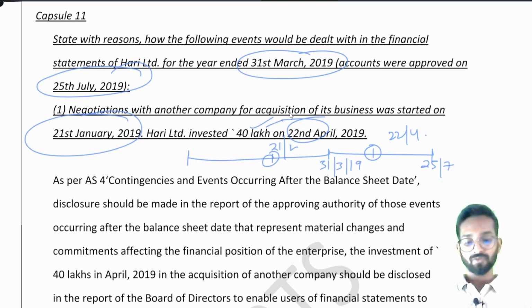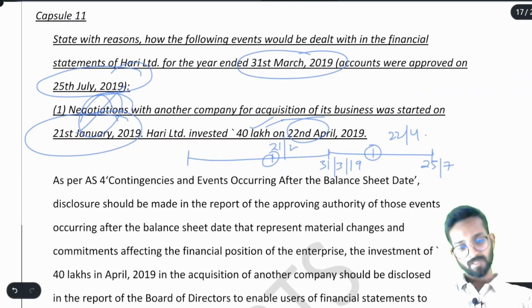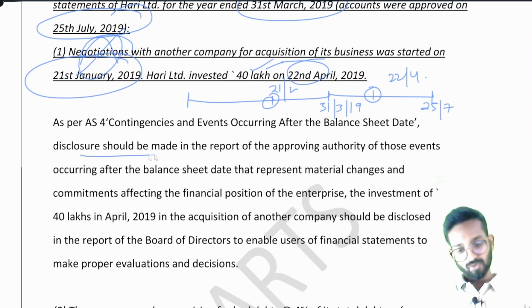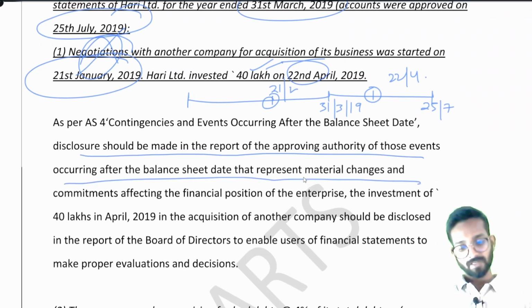I have already told you. There is no use of this word negotiation, proposal. They are of no use. Okay. Now, it means you can say there was no condition before the date. You can say that it is just the non-adjusting event. See. Disclosure should be made in the report of those events occurring after the balance sheet date that represent material changes and commitment affecting the financial position.